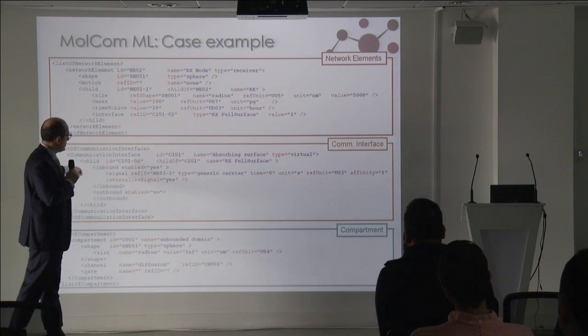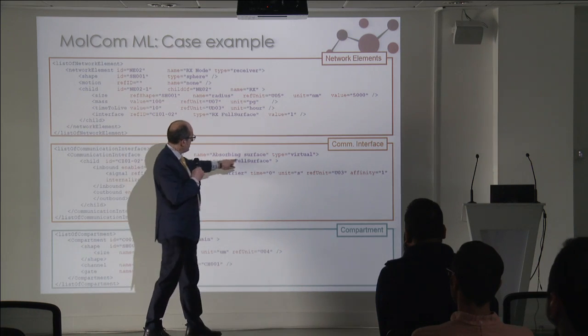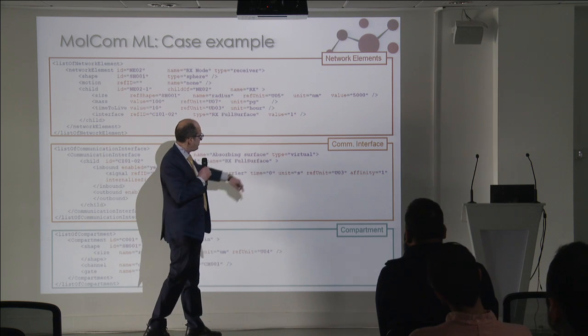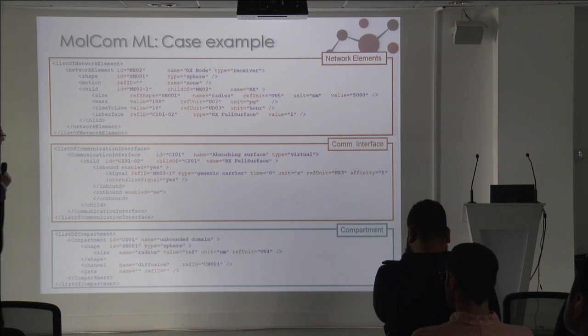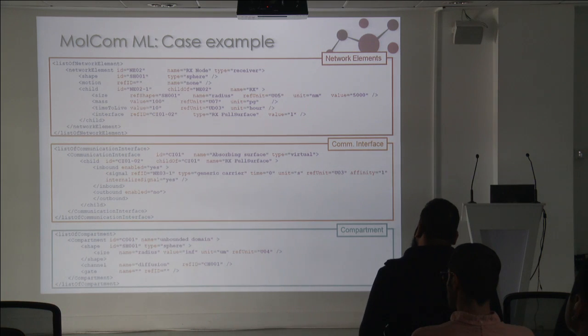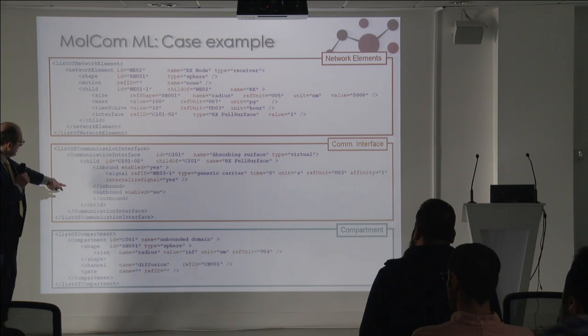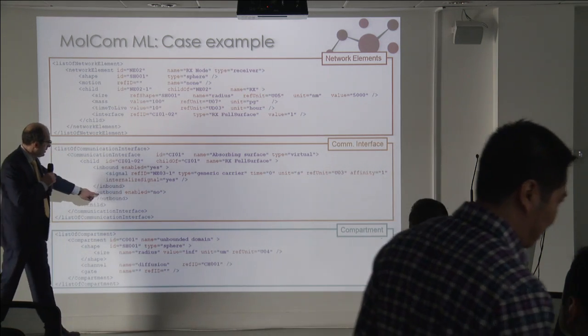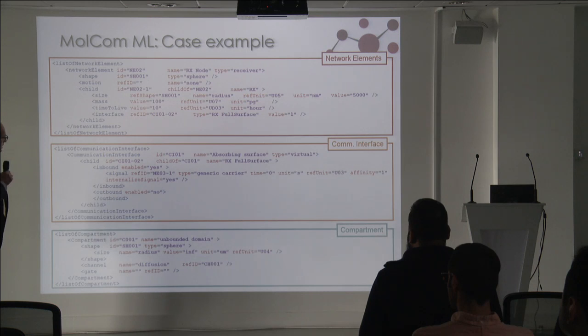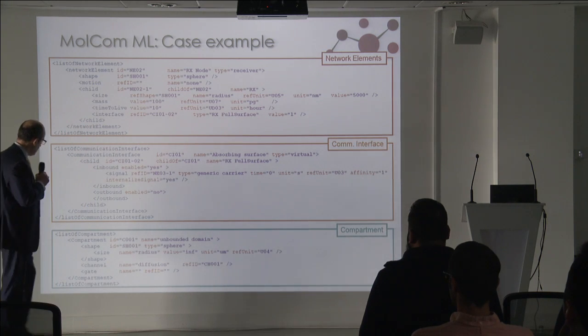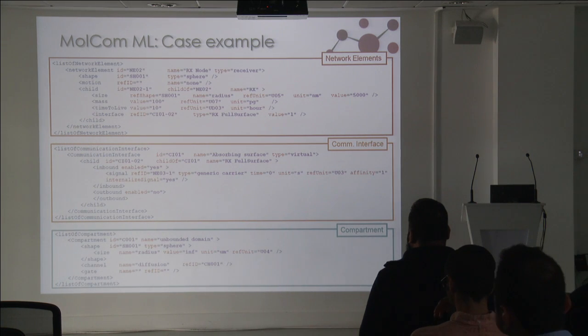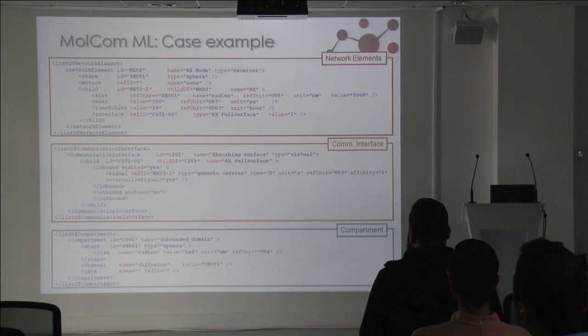The receiver node, as I mentioned before, has an absorbing surface, type virtual, and we can see here that this element is not enabled to emit carriers, to generate carriers, but it is enabled to receive carriers. And this is just to have an idea of how to model the communication interface of a network element.